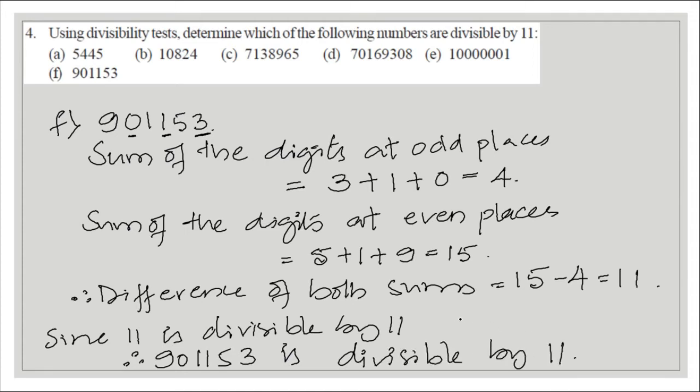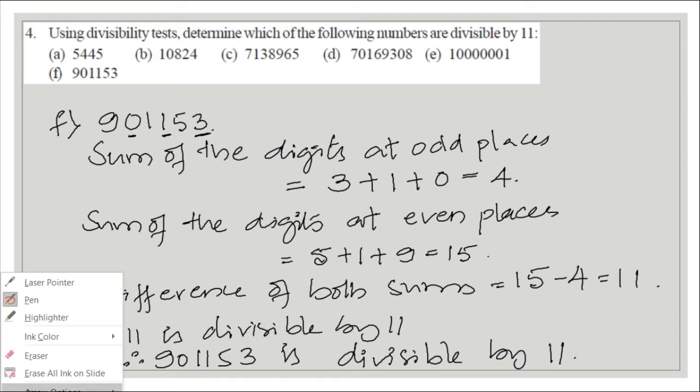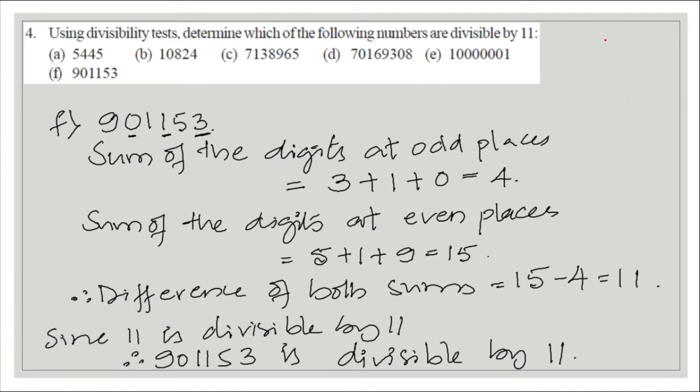So what you have to remember is that whenever the difference of odd places and even places is 0 or 11 or 22, that is a multiple of 11, the number is divisible by 11.